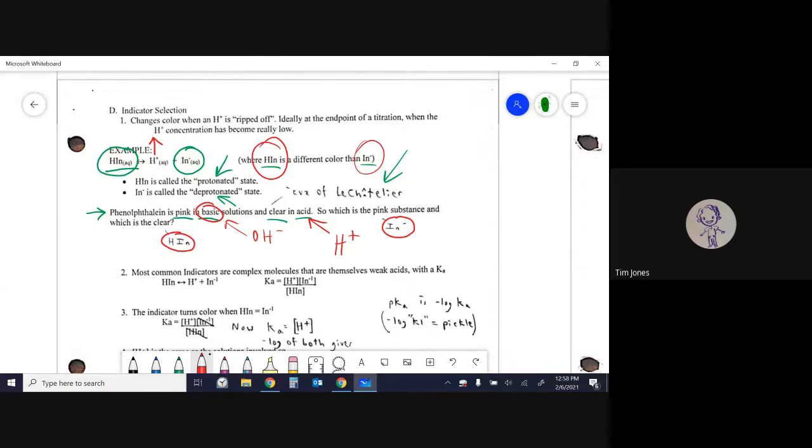So when the phenolphthalein indicator is in acids, it's pushed left, and that one's clear. And when it's in bases, it's pushed right, and that is when it is pink. And the same thing happens with all the acid-base indicators, of which there are many.